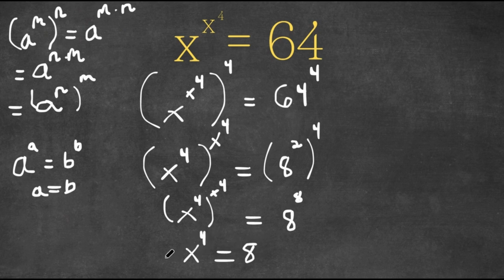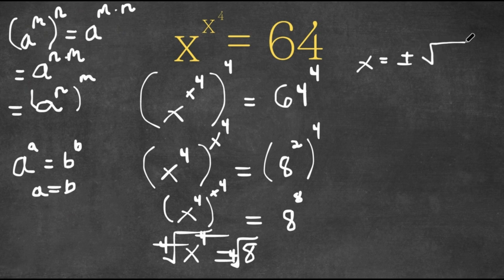So now to cancel this power out, I'm actually going to take the root of 4 on both sides. So now these two cancel out, and I'm left with x is equal to positive or negative, sorry, not square root, the 4th root of 8.